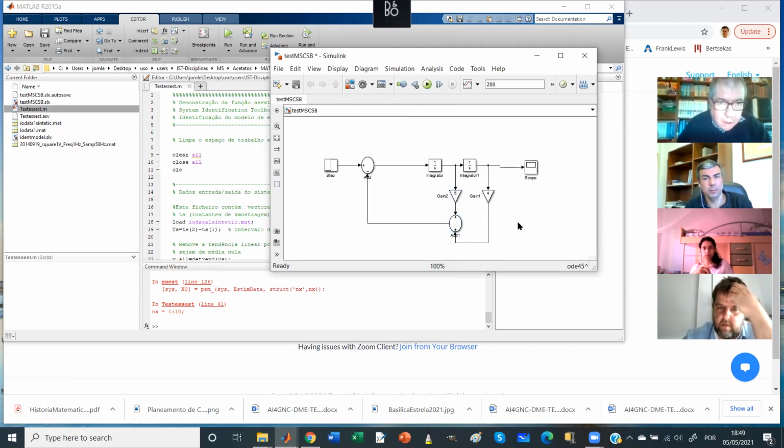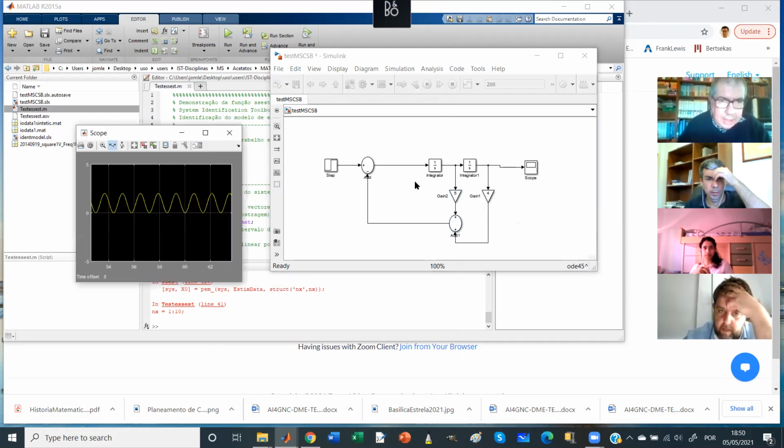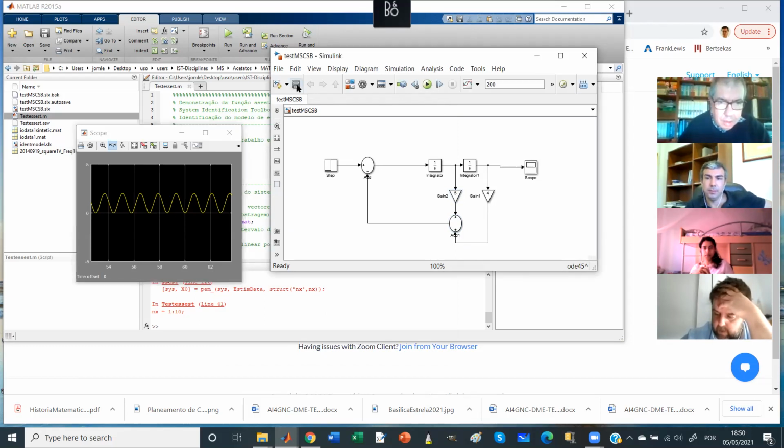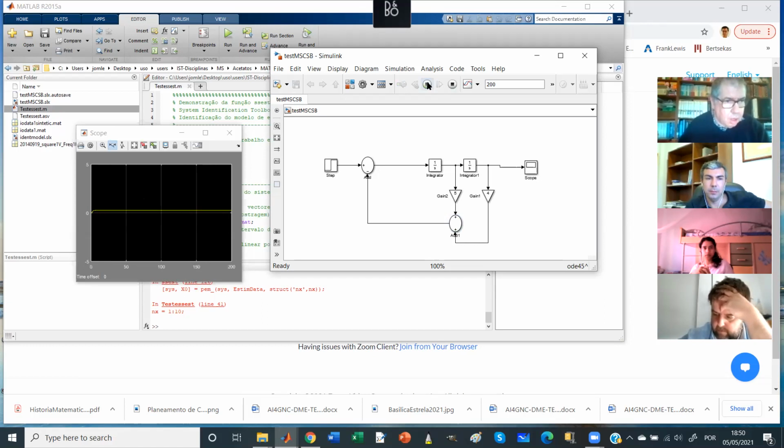Okay, now the grand finale, let's see if it works. Where do I have my scope? It's there. Let's see if it works. Okay, so let's simulate it for just 10.